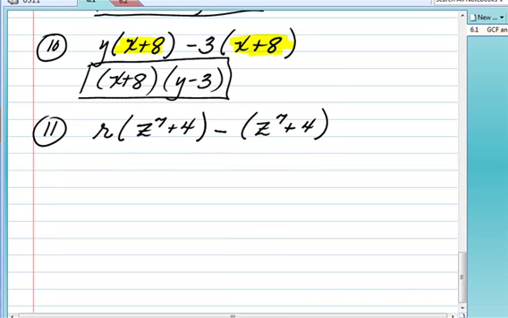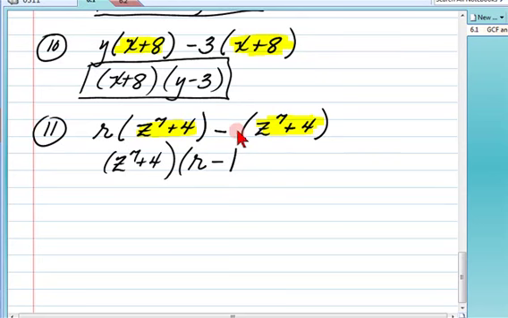Okay, do you see a common binomial factor? Okay, so if I factor that out as z to the 7th plus 4, what is the leftover? Excellent. R minus 1.